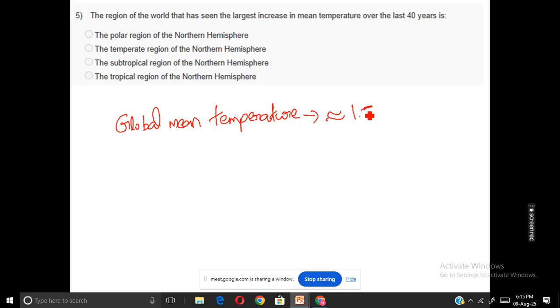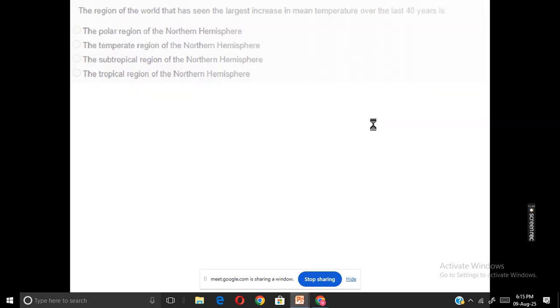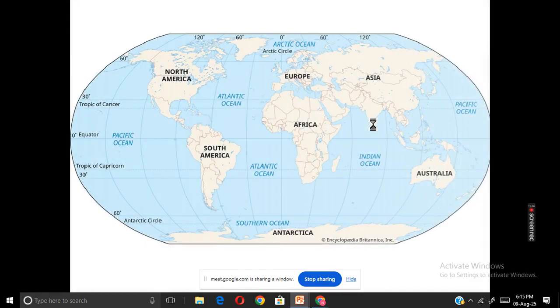Approximately 1.5 to 1.6 degrees Celsius increase was there when we looked at global mean temperature. Now this value of how much is increasing varies over different regions; we are getting different values.